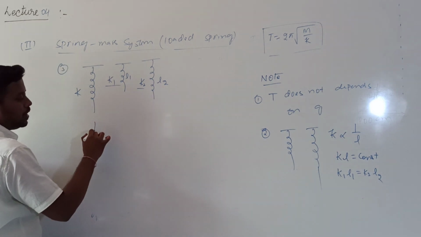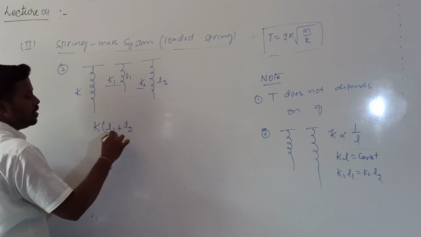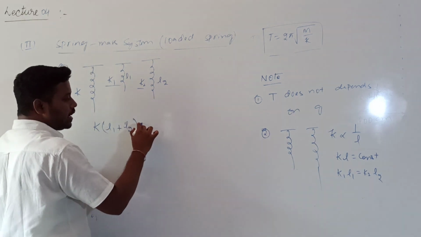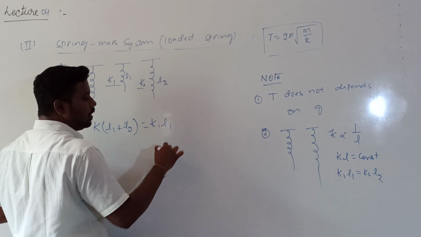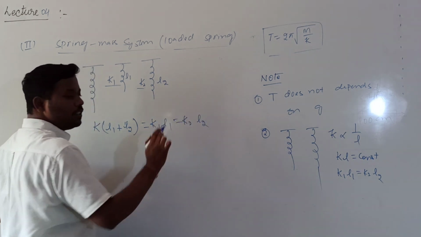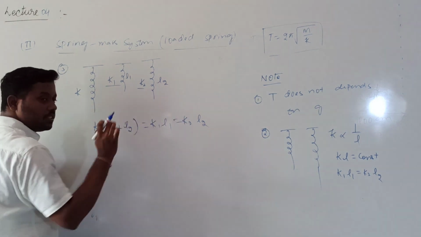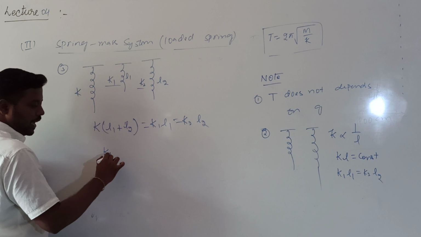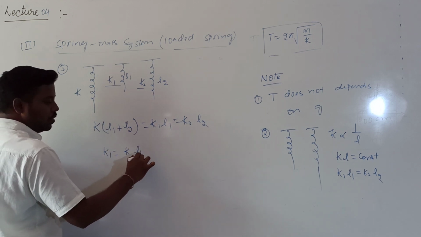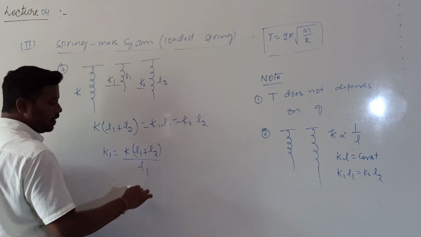According to that concept, k into (L1 plus L2), the total length, is equal to k1 into L1, which is equal to k2 into L2. For any spring, the product of the spring constant and length will be constant. From this, k1 is given by k into (L1 plus L2) divided by L1.